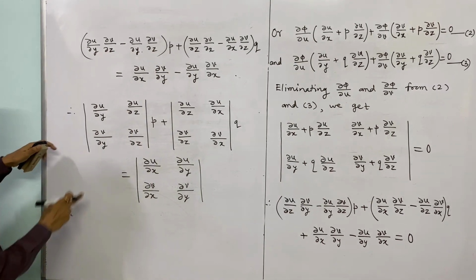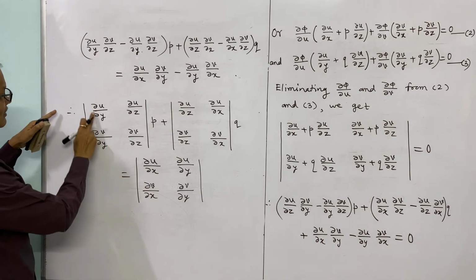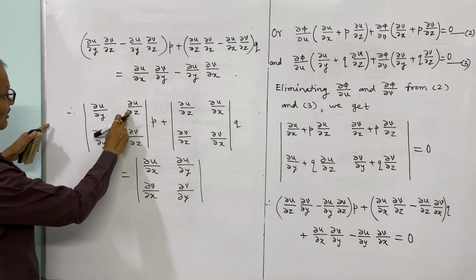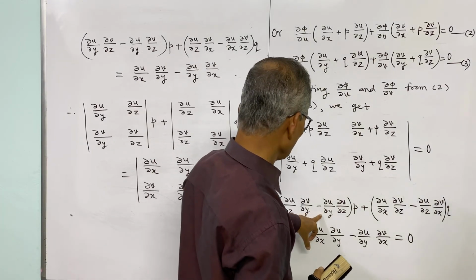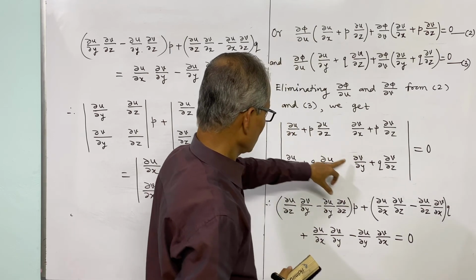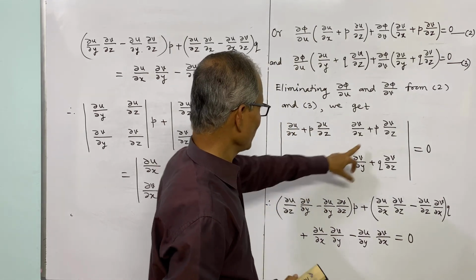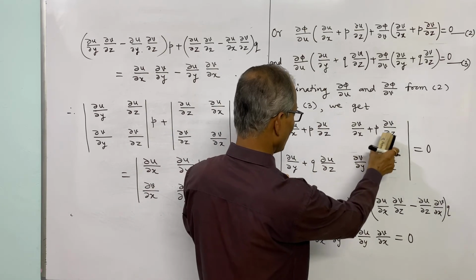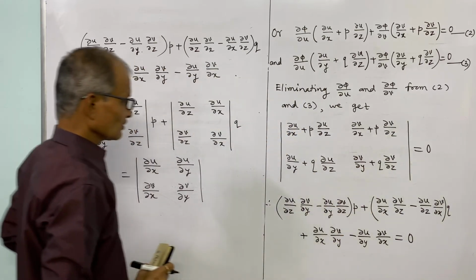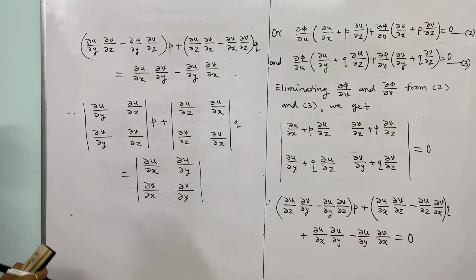See, product of these two minus product of these two. Here we have the first term, P dou u by dou y, and then dou v by dou z. So this must be u v and y and z.